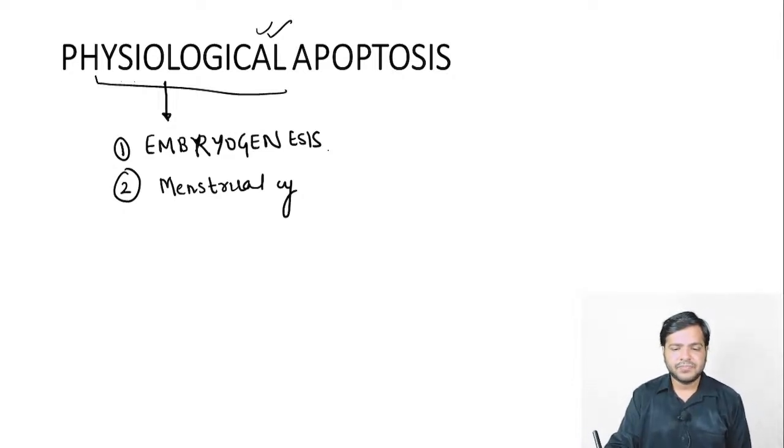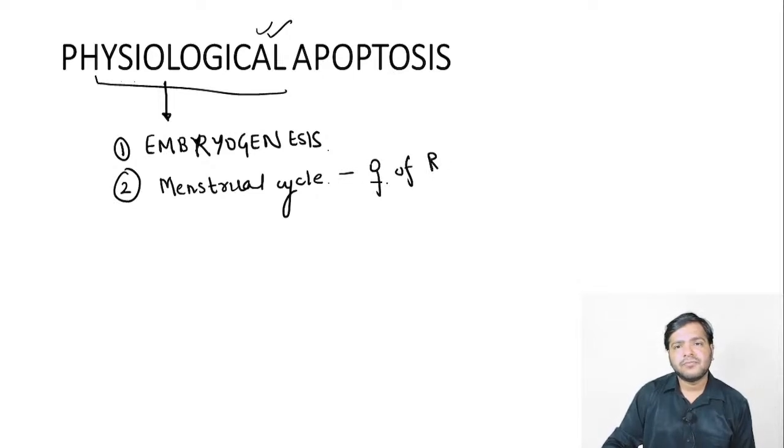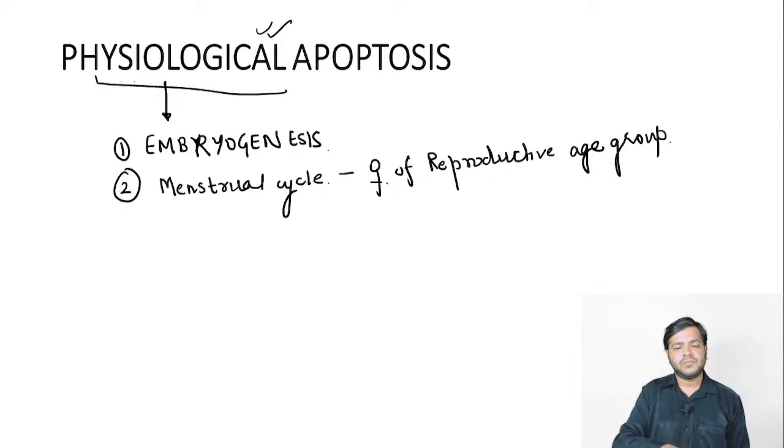In females of the reproductive age group, due to the hormones estrogen and progesterone, the endometrium layer is formed, and as soon as the level of progesterone decreases, the endometrial lining is shed off. That is why menses take place. So here the endometrial cells also die, which is again an example of physiological apoptosis.